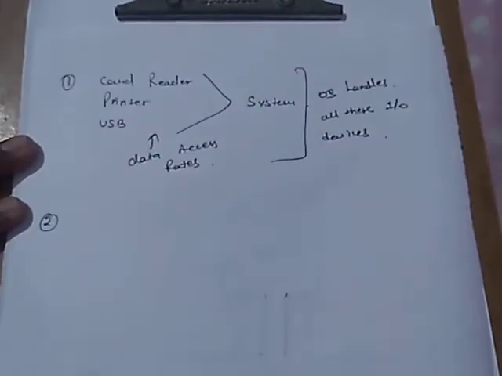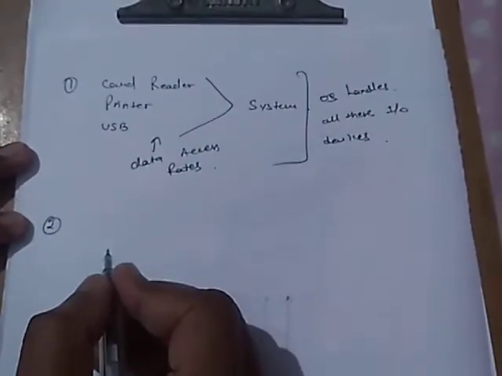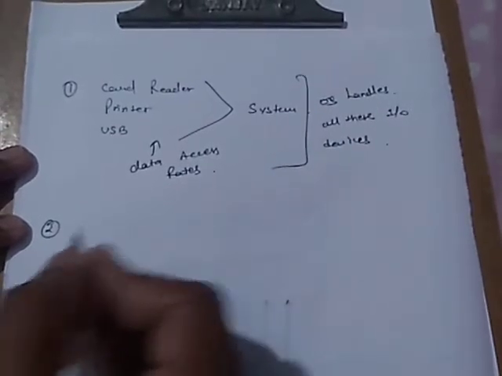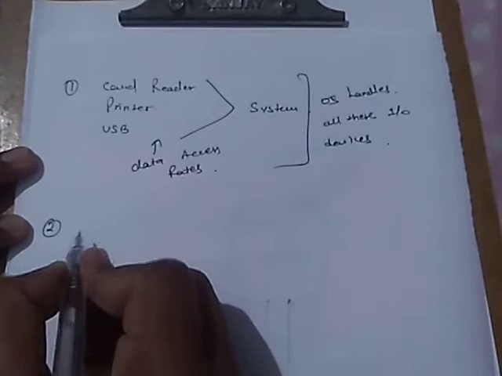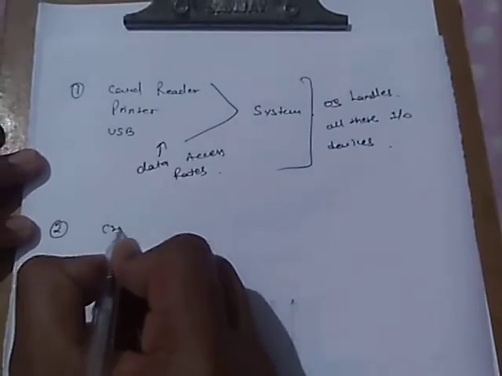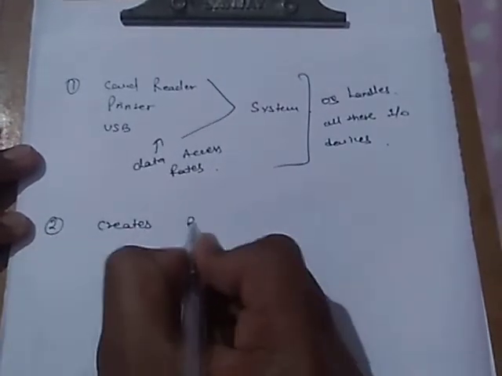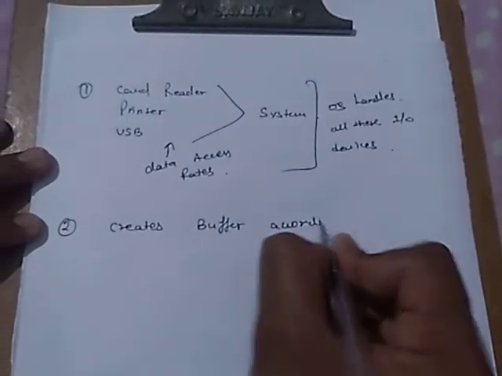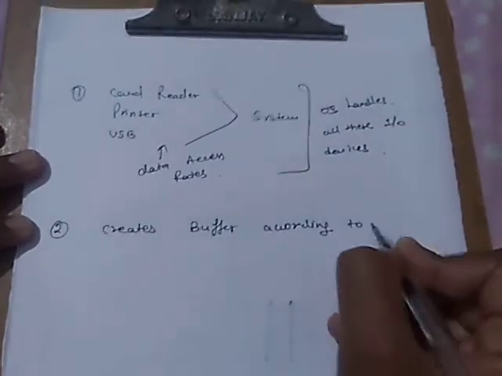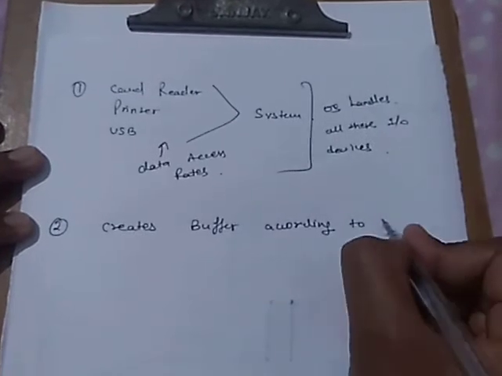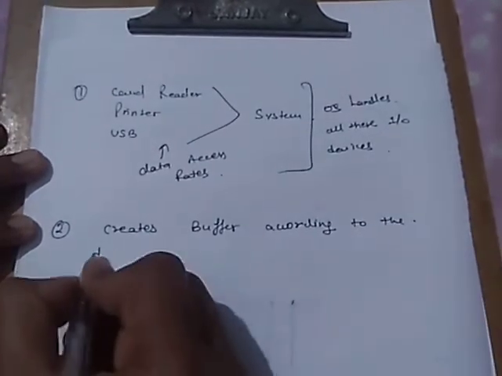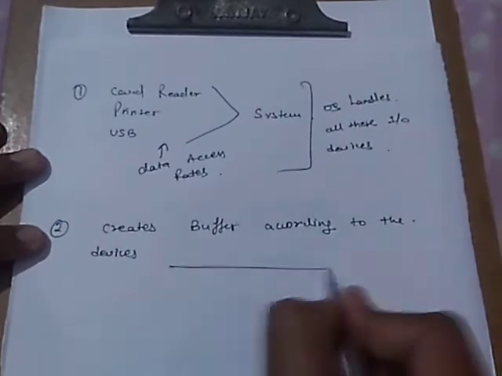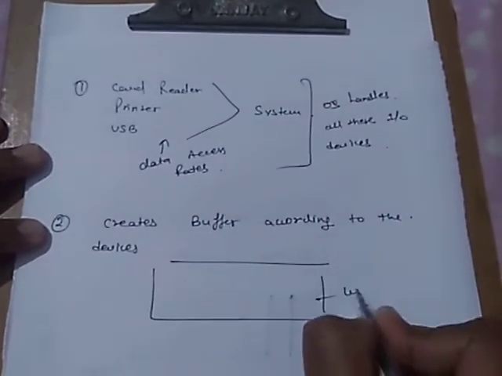Point number 2, now for performing spooling, operating system creates buffer according to the devices. It means it will create a waiting station.